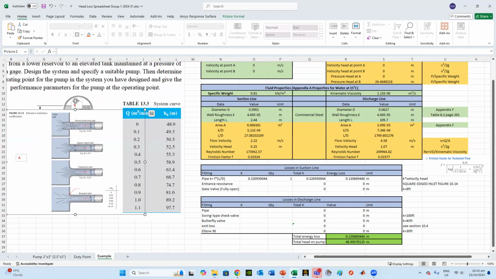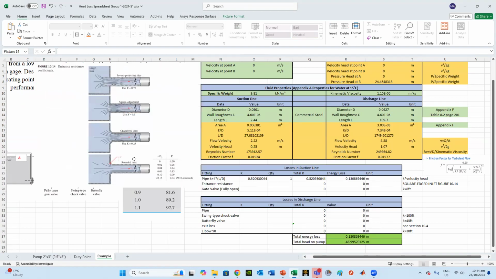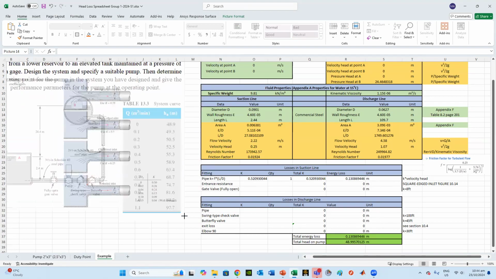Based on figure 10.14, you will find that for entrance resistance, we could choose square edge inlet. I'll just zoom it up, Control X, Control V, so you can see it better. It's better to go in the textbook, you can see it.